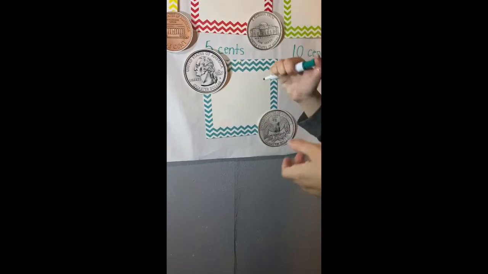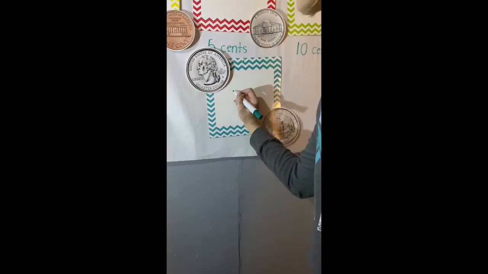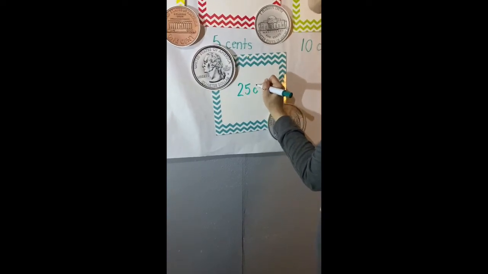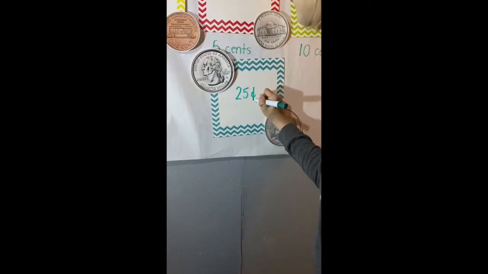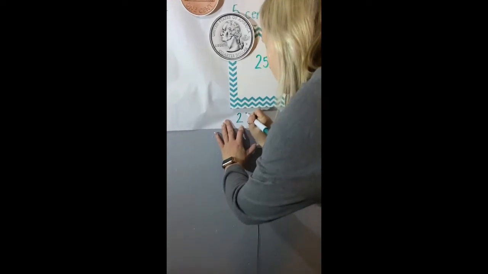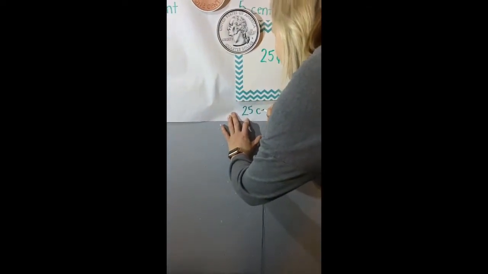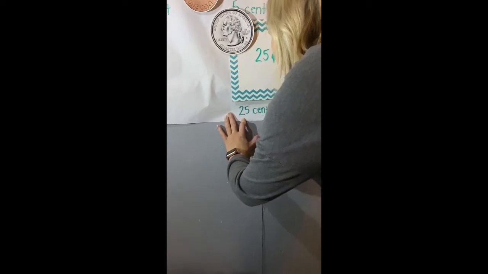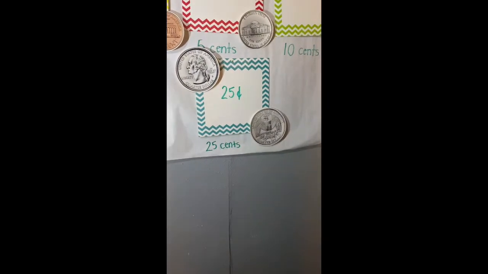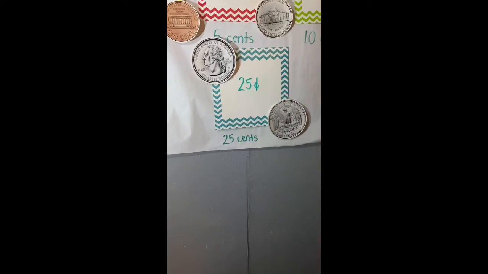The quarter is the coin worth the most in the change that we're going to go over today. It's worth 25 cents. Remember, we need to make our small c with our dash in between like that. And then we can also write right here, 25 cents. Now what's really cool about the quarter is that 4 quarters make $1.